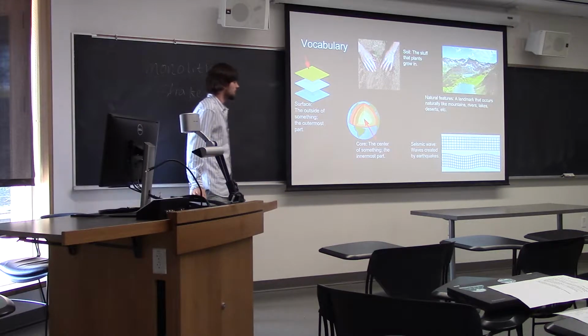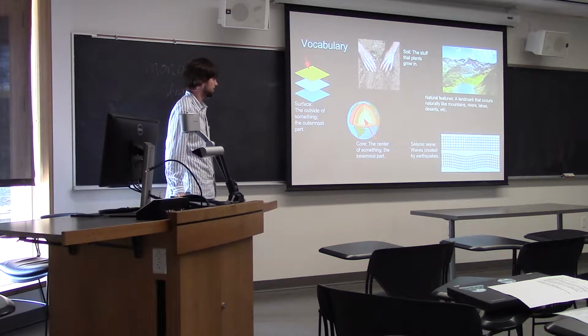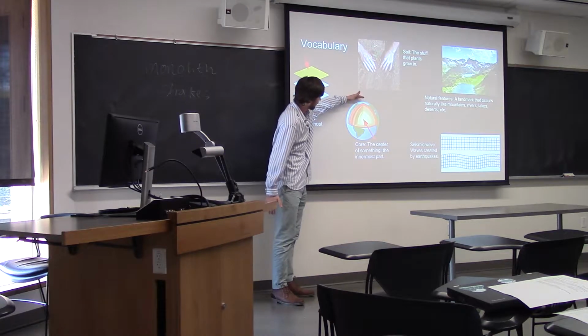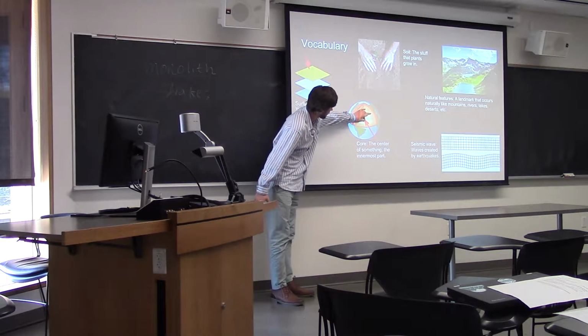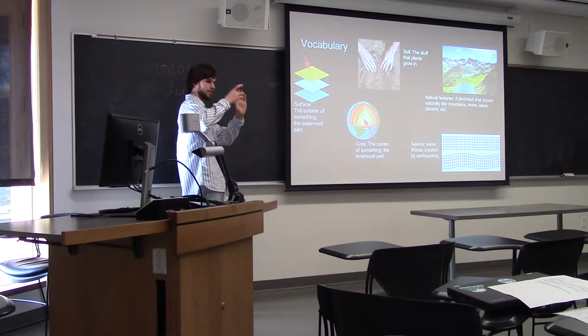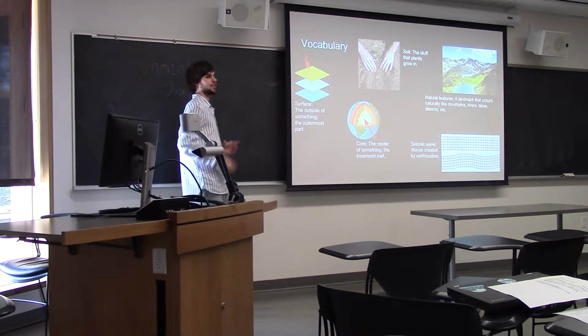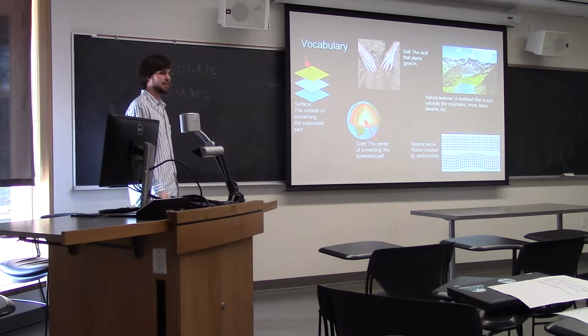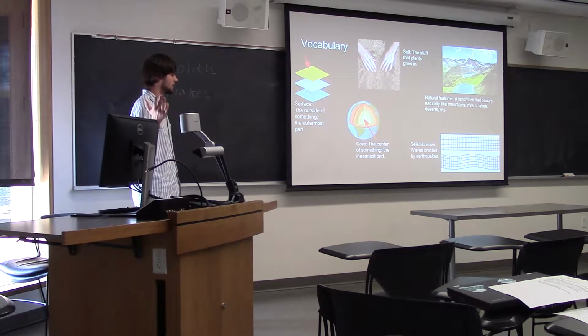The core is the center of something, so it's in the middle, the innermost part. So while the surface is on the outside, the core is the very center of something. We also call that for an apple. When you get to the very center of the apple, that's called the core. You throw that away. And Shane, can you read seismic wave?